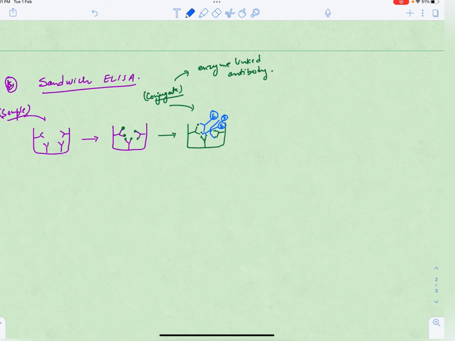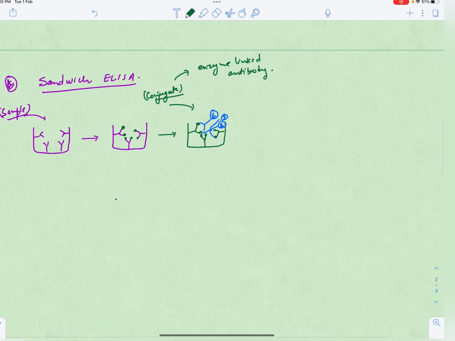Now between these two, the primary and secondary antibodies, you can see the antigen is lying in between. The antigen from the patient sample is trapped between two antibodies. So it looks like a sandwich.